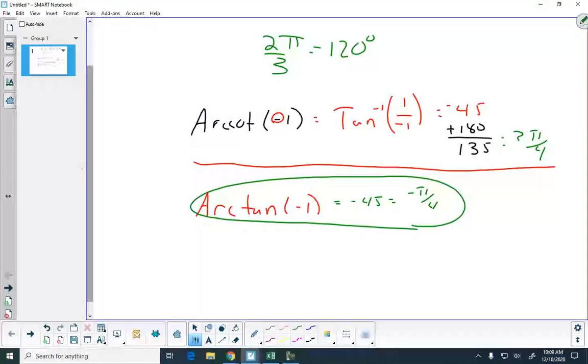That is my solution. Even though up here we're doing the exact same inverse tangent of negative 1, what we have to remember is where this came from: ultimately my initial question was the inverse cotangent of negative 1.